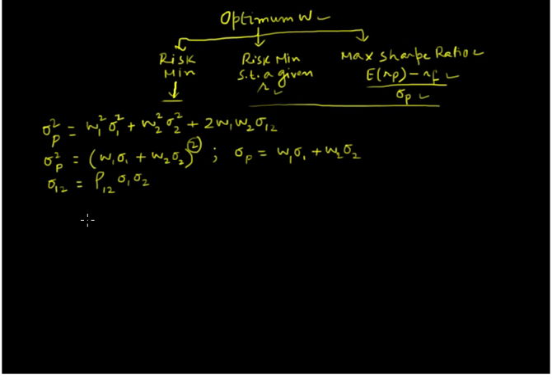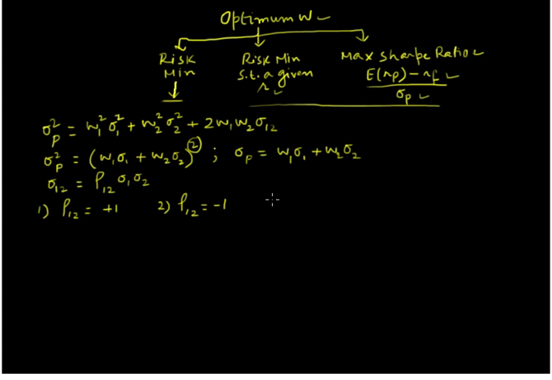We can now have three possible scenarios. Number 1, when the correlation between the returns of the two assets is +1, which means we are looking at two assets the returns of which are perfectly positively correlated. Second, we could move to the other extreme, where the correlation coefficient between their returns is perfectly negative, that is -1.